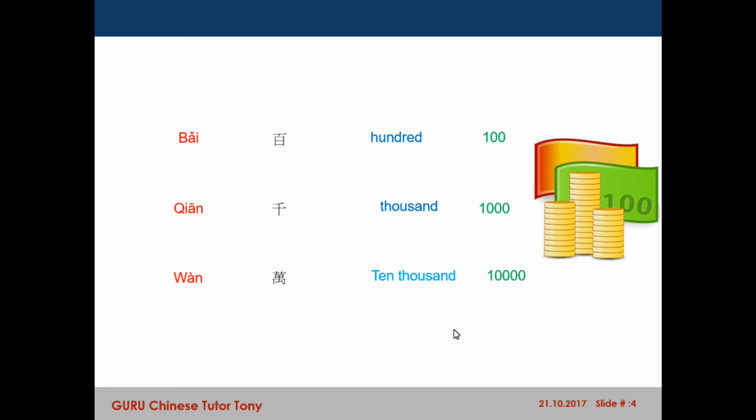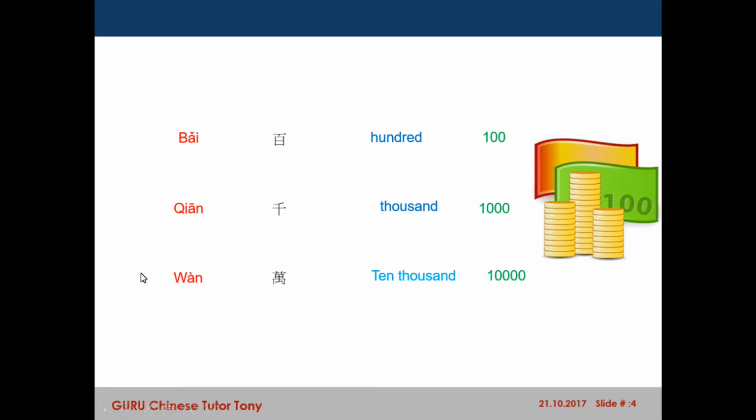It's quite important to say that. 百 is 100. 千 is 1,000. And 万 is 10,000.